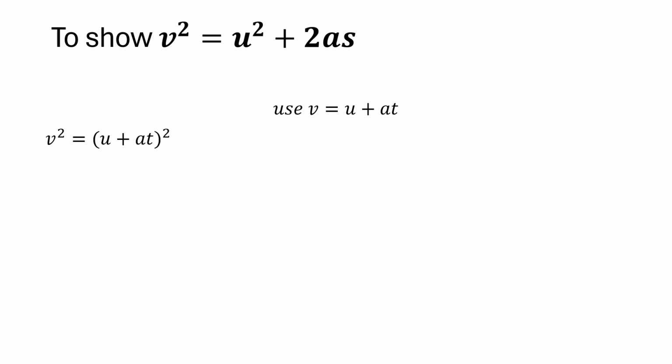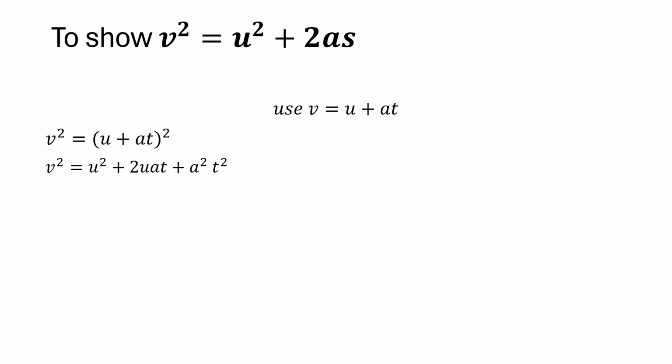V squared equals u plus at, all squared. So now we've matched the left-hand side. What we're going to do now is expand the right-hand side. Notice how the 2uat plus a squared t squared has an a in common.